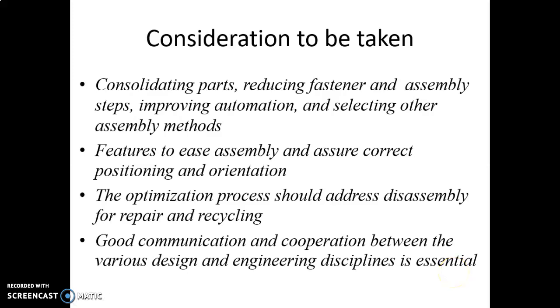The first consideration is consolidating parts, reducing fasteners and assembly steps, improving automation, and selecting other assembly methods. So what is actually part consolidation? It is joining different parts together in order to create cost effectiveness.